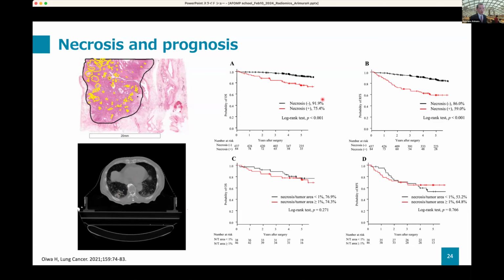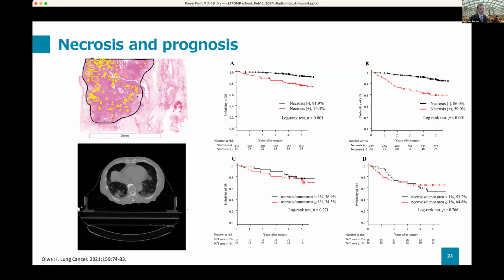According to this data, if the patient has necrosis, they have a high survival risk like this. And this is almost the same data, but the Kaplan-Meier curve did not depend on necrosis area.